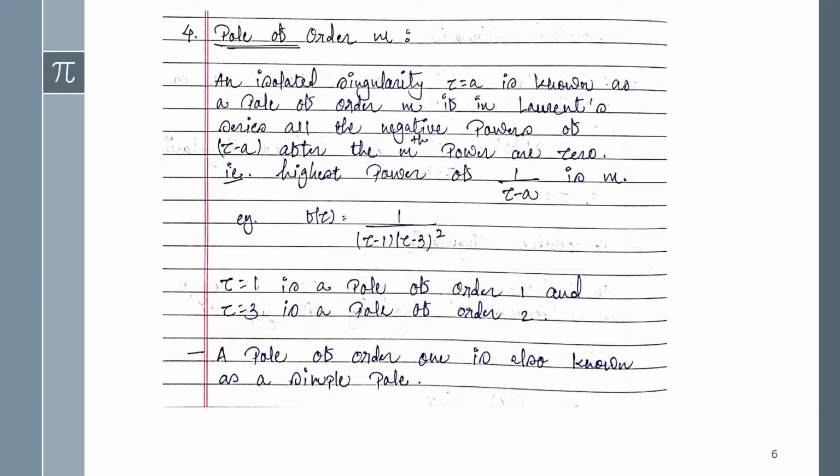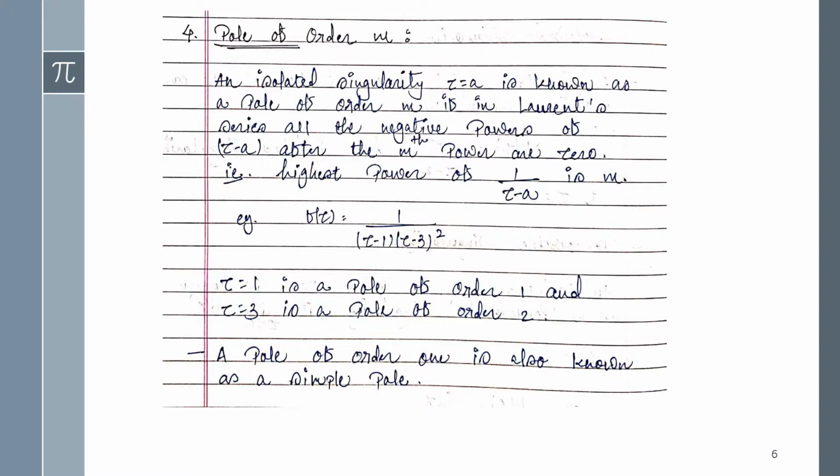It means that the highest power of 1 upon z minus a is m. So to find the pole of order m, we look at the power.